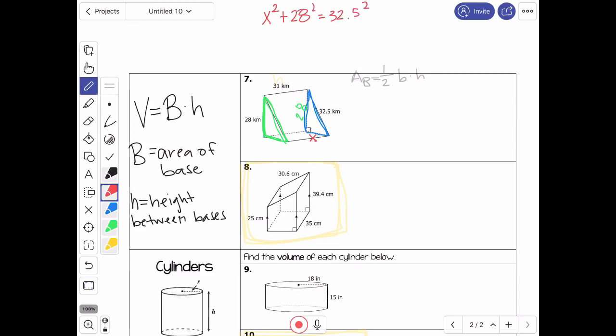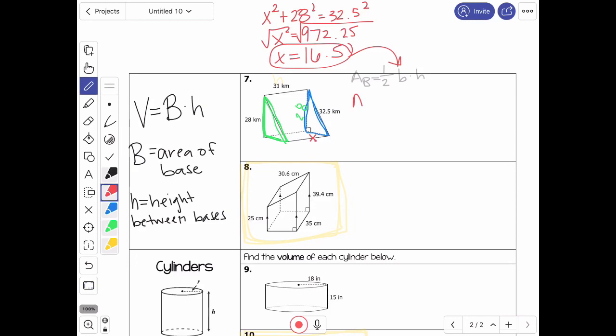And then I'm going to subtract 28 squared from 32.5 squared to get x squared equals 972.25, and then I'm going to take the square root of both sides to figure out what that base side is, to get x equals 16.5.